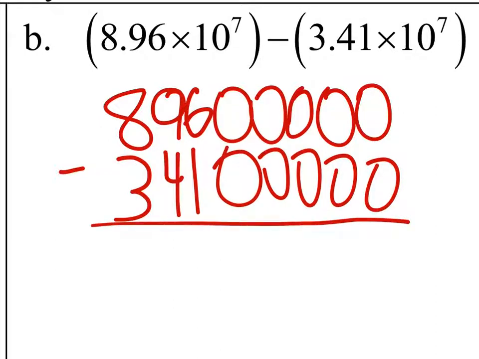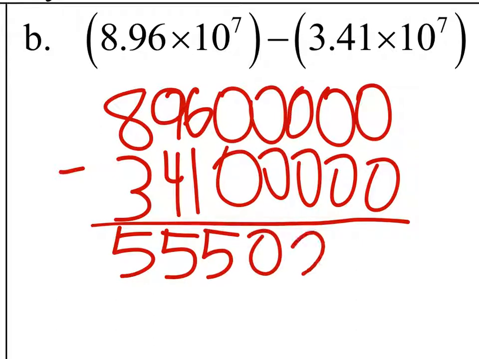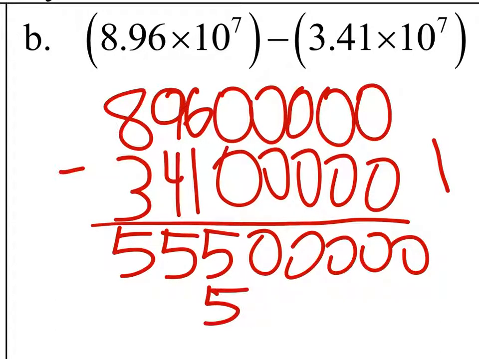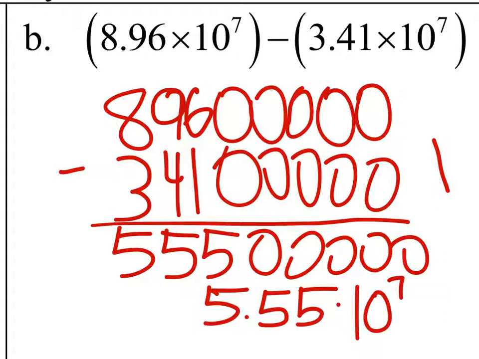And that would equal, obviously, 5, 5, 5. And then to put it in scientific notation, we just do 5.55 times 10 to the power of 7. That's correct.